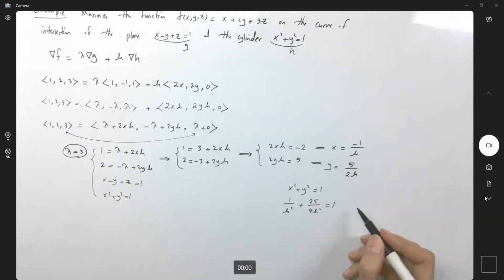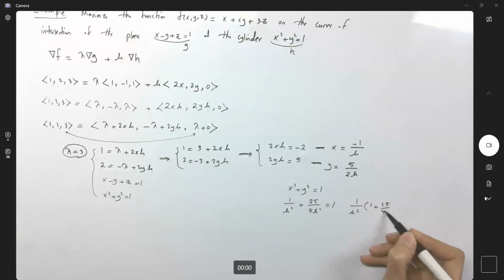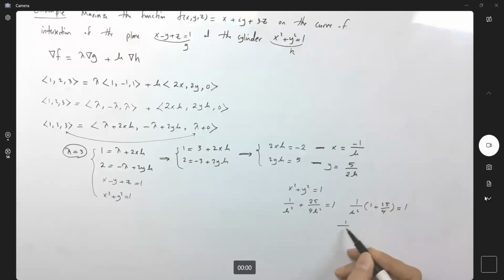You can factor out 1 over mu squared, and you have 1 plus 25 over 4 equals 1, or 1 over mu squared times 29 over 4 is equal to 1, or your mu is equal to plus or minus the square root of 29 over 2.